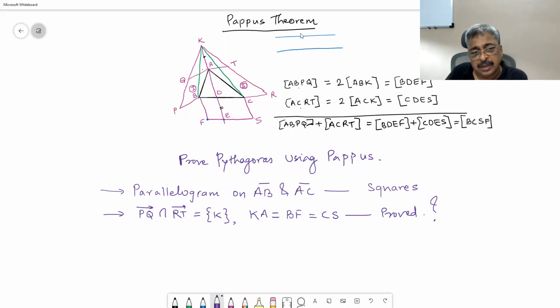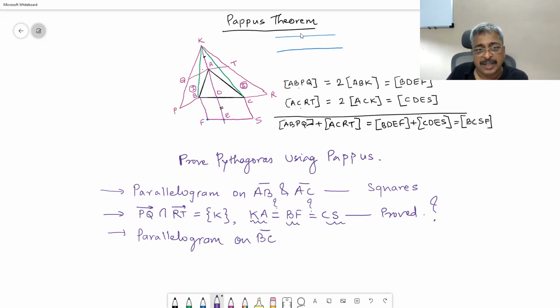Then, after doing that, is there a parallelogram on BC? Whether KA is equal to BF or KA is equal to CS, why? Need to be proved.